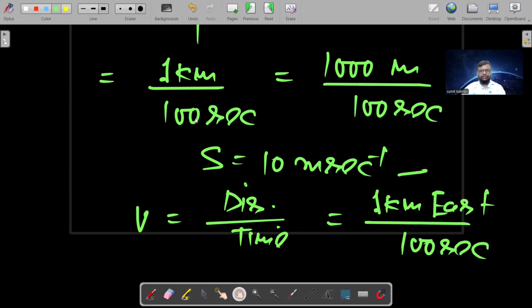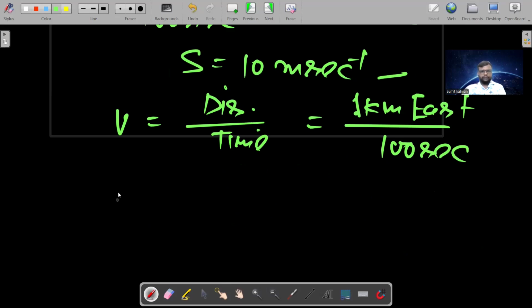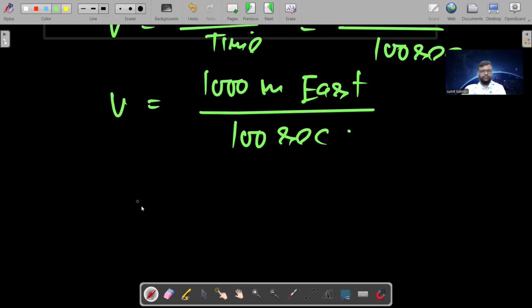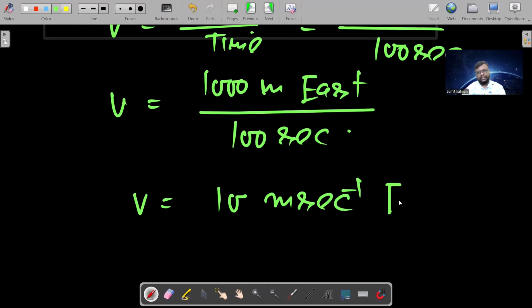And if you calculate it, velocity will be 1000 meter east upon time 100 seconds. So here your velocity will become how much? Velocity will become 10 meter per second in the east direction. So this is the solution of this.